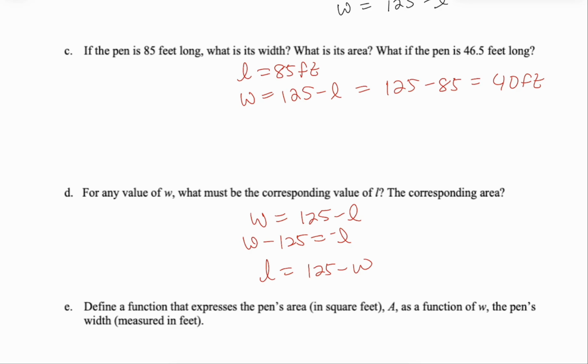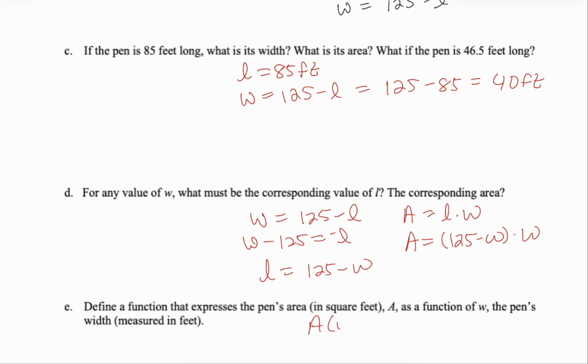So what is the corresponding area? Now remember, area is length times width. So if we call L 125 minus W, times W, that would be a formula for area that only contains width. So that is really what they wanted in E, but let's use function notation.